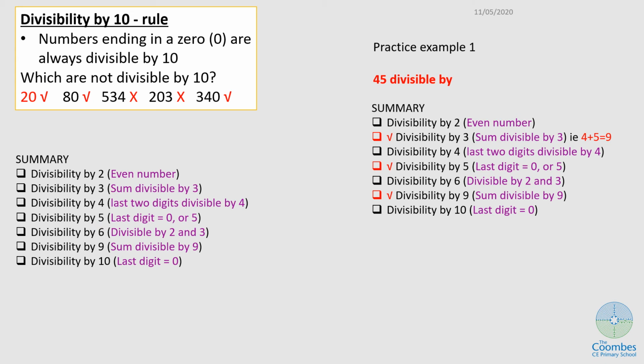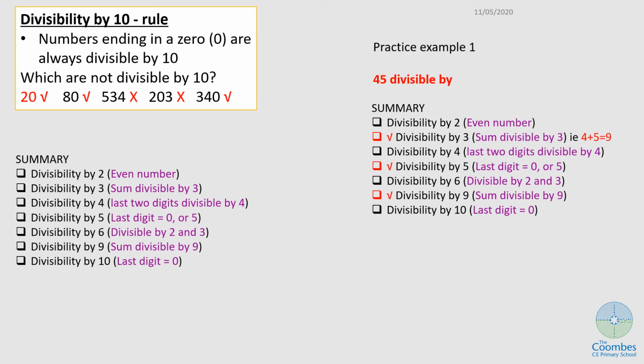Then by 5, the last digit must end in 0 or 5. Divisibility by 6, it must be divisible by 2 and 3 at the same time. Divisible by 9, the sum must be divisible by 9. And divisibility by 10, the last digit has to be 0.